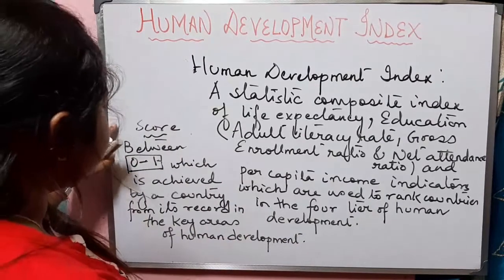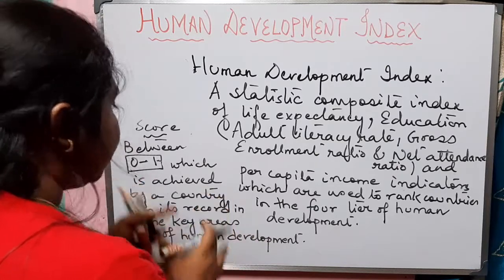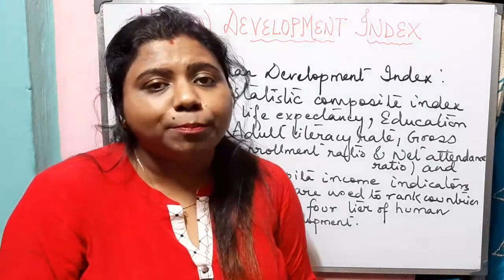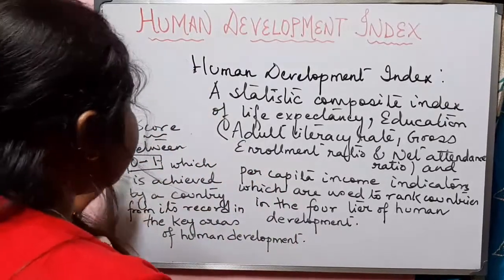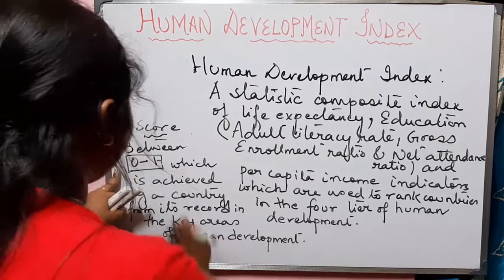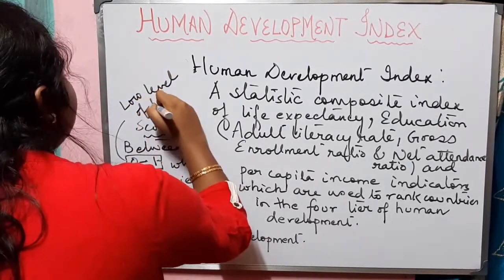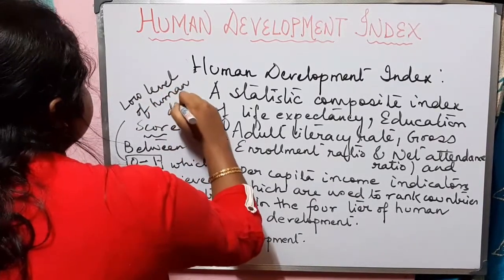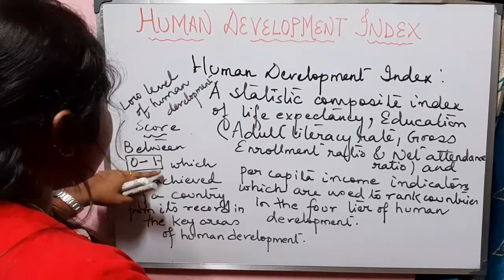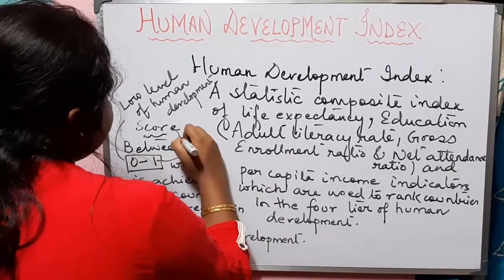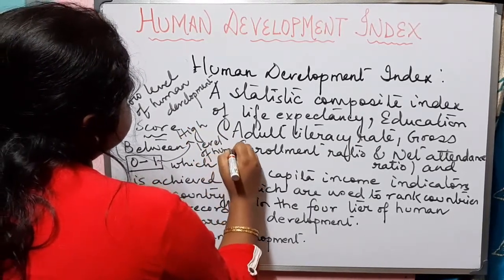On the basis of the score between 0 to 1, we can rank a country, whether that country is having higher human development or lower human development. If the score is closer to 0, that means that country has a low level of human development. And if a country has a score closer to 1, that means it has a high level of human development.